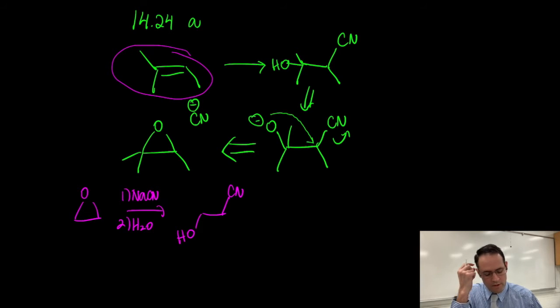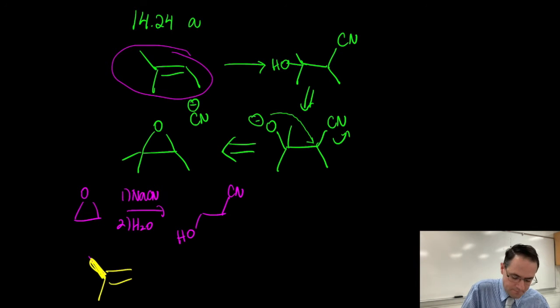So what we want to think about is, starting from the alkene, how do we make an ether, and then how do we go from an ether to the nitrile? So the answer is going to look like this. I'll draw it in yellow.